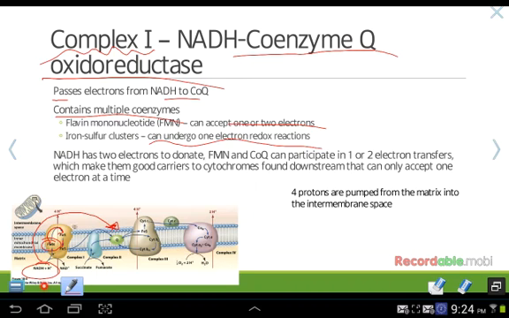The FeS clusters then transfer their electrons over to coenzyme Q. In addition, during this, 4 protons are pumped out of the matrix into the intermembrane space, and we'll talk about why that's important in oxidative phosphorylation.